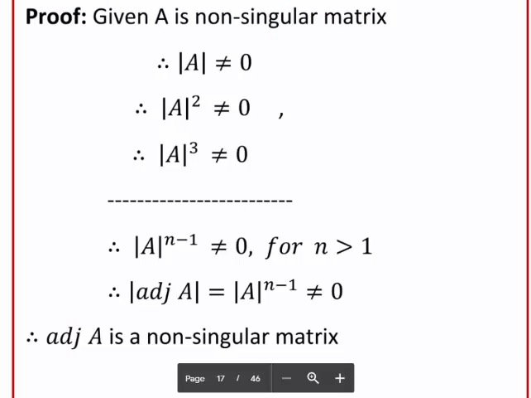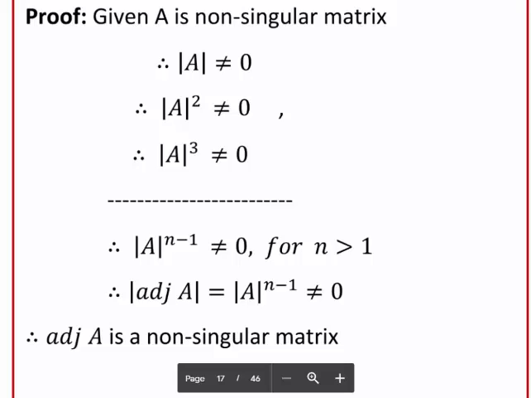In the previous example, we discussed that the determinant of adjoint of A can be calculated by the formula determinant of A raised to power n minus 1. And our job is, if we show determinant of A raised to n minus 1 is non-zero, then we can come to the conclusion that adjoint of A is non-singular. So A is a non-singular matrix, so its square is also non-singular, cube is also non-singular.